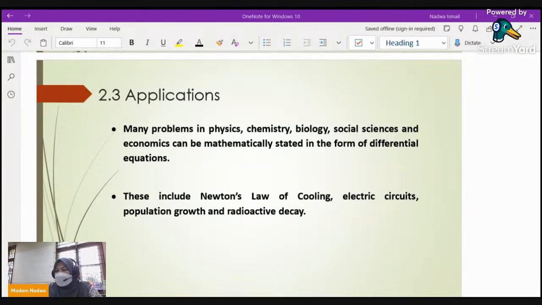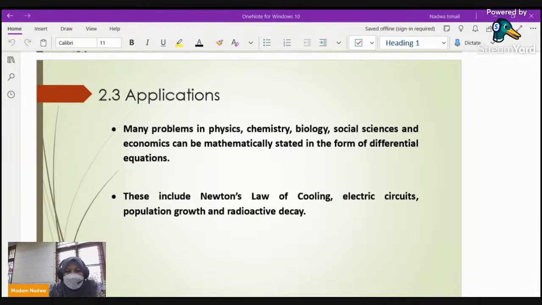So that's the techniques that we have to do in order to solve the differential equation. So 2.1 again is separable variable. 2.2 adalah integrating factor. You have to do exercise on those two techniques untuk awak lebih faham apa yang kita belajar dalam separable variable dengan integrating factor.